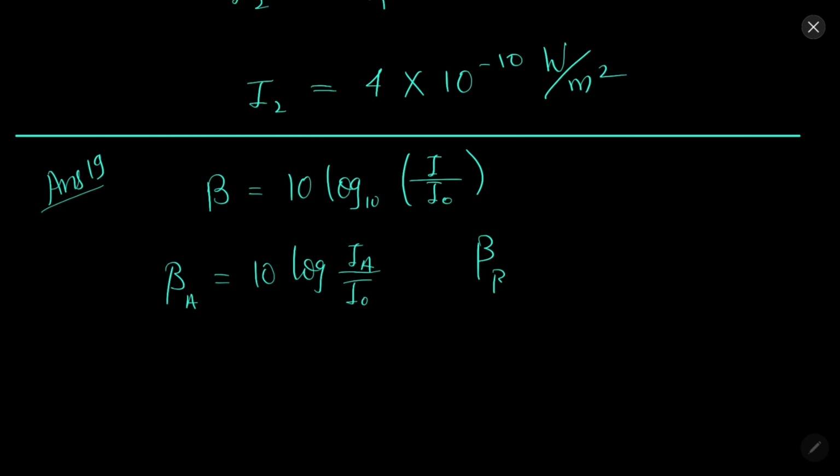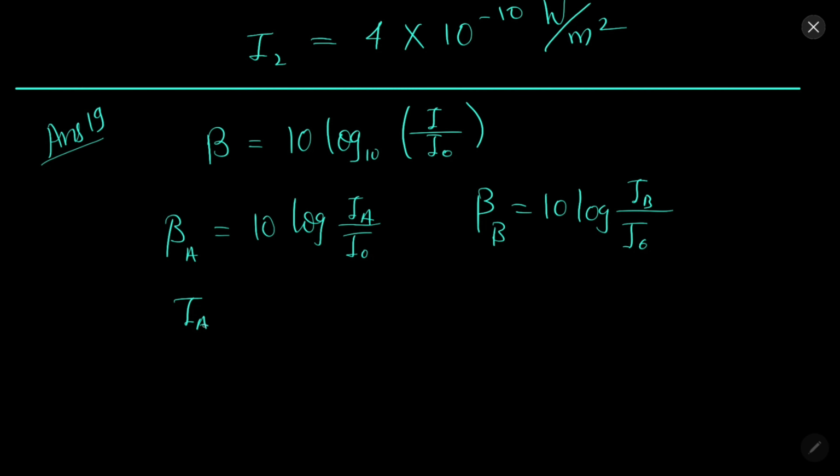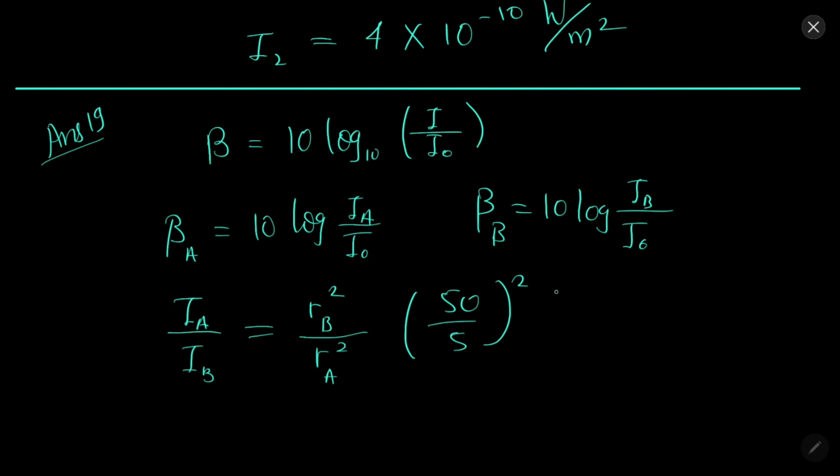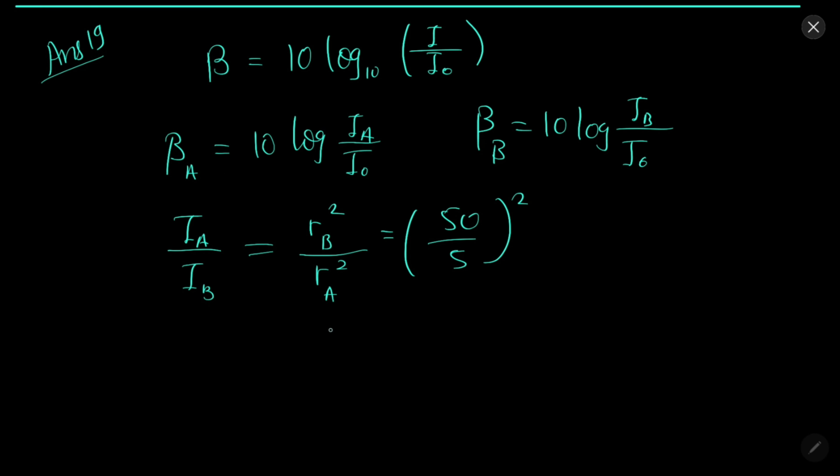In the second situation we have this scenario. So ultimately IA over IB is equal to RB square by RA square, just like the above question, 50 over 5 square.